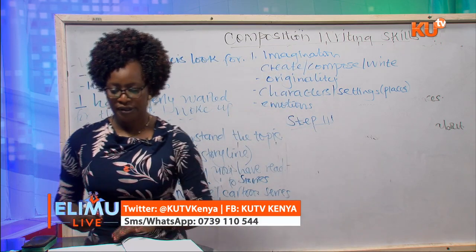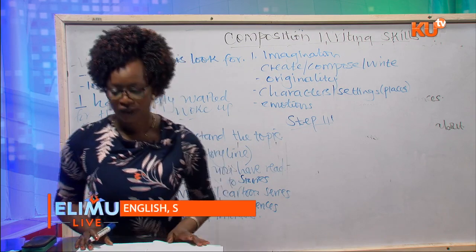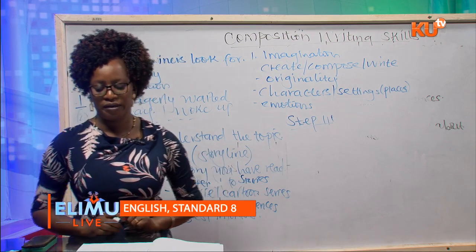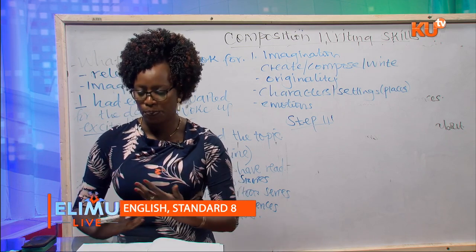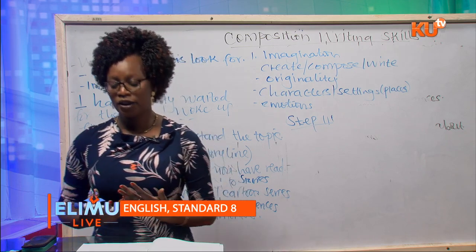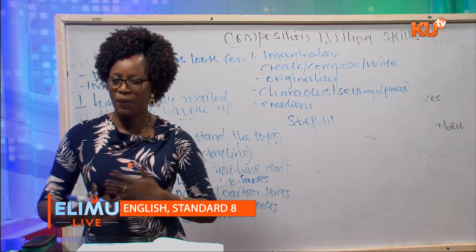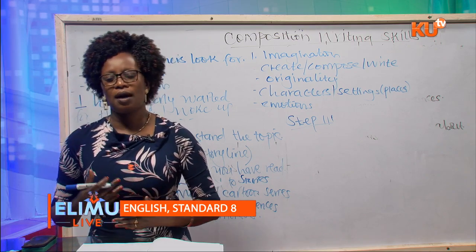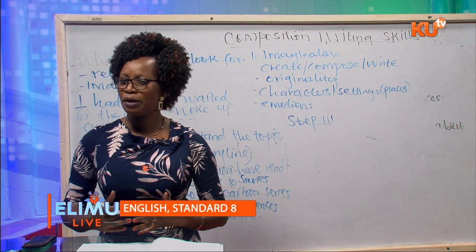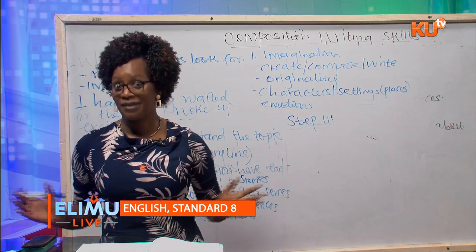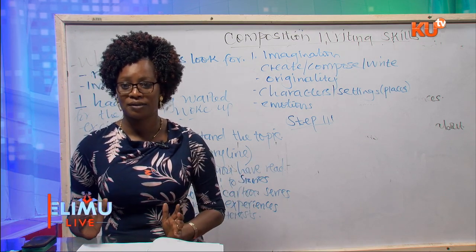Okay, step number 3. Once you have the storyline, you can now develop ideas in order to have a complete story. You develop ideas so that you don't reach a place where you are in paragraph 3 and you have nothing to write about.